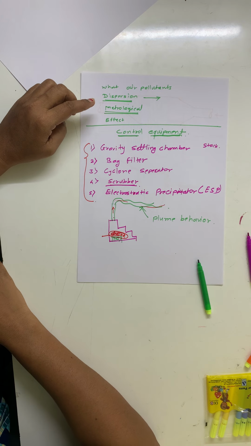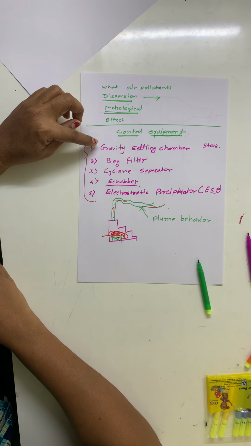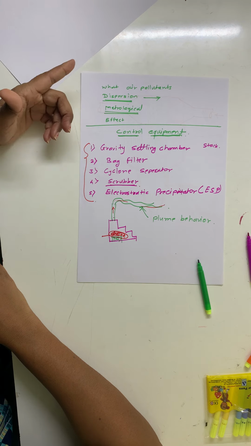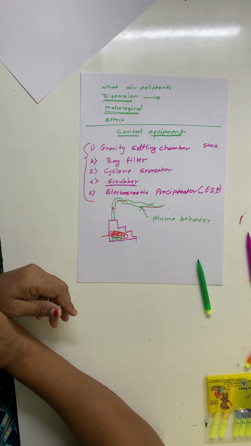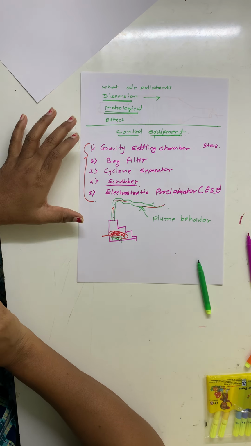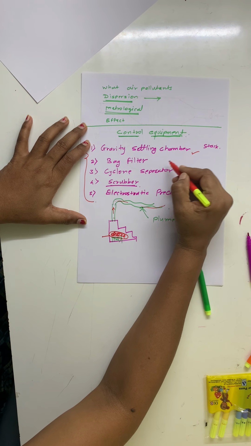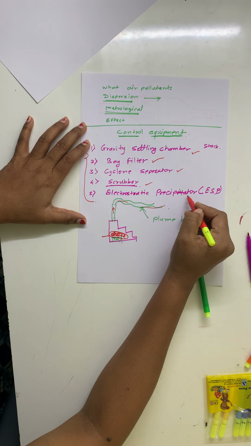So now you may have the question whether we should go for one equipment or more than one equipment, or which equipment we have to select. Actually, each equipment listed here has a different efficiency.